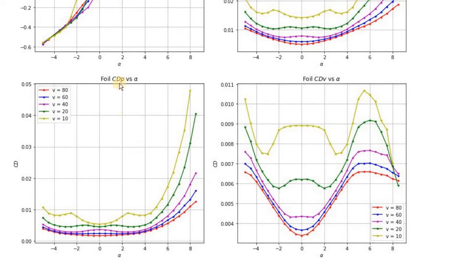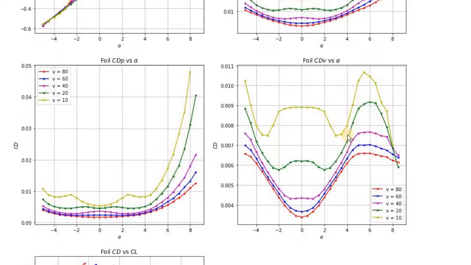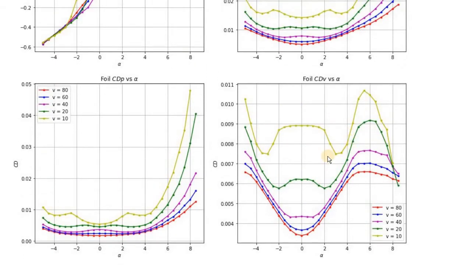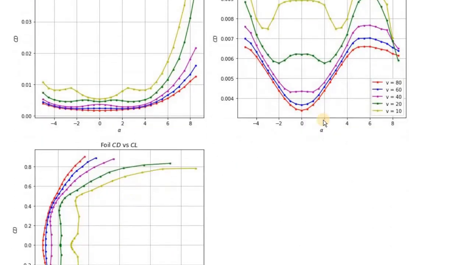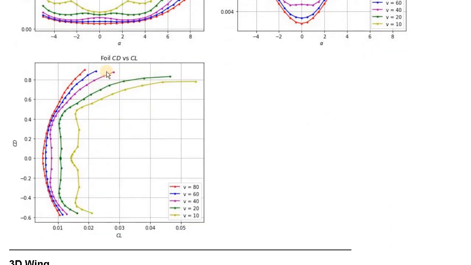You also have the viscous drag, basically the molecules rubbing around the surface of the airplane, and some vortices are created and so on. And then you can also have the graph of drag coefficient versus lift coefficient.